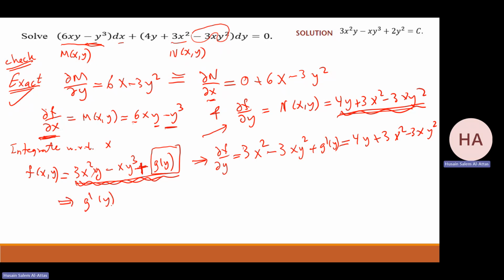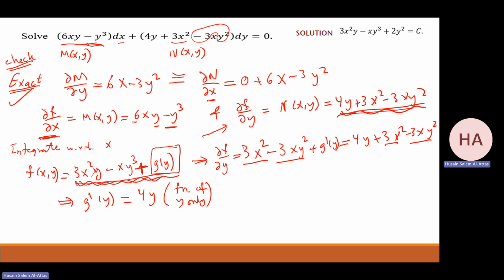You are getting g prime of y equal what? This is cancelled. This is cancelled. I have it here and there. It is equal to 4y. That's the checkpoint. I should have function of y only.